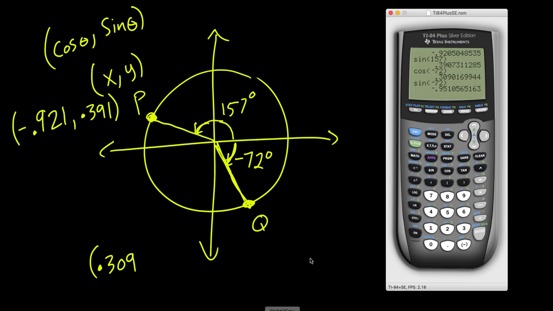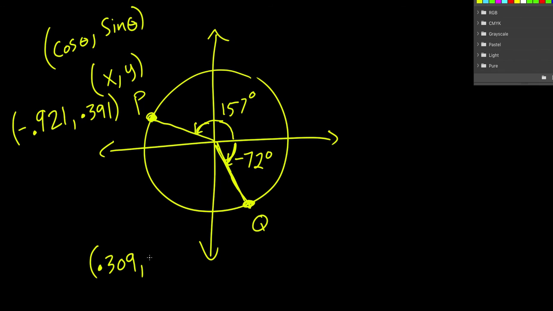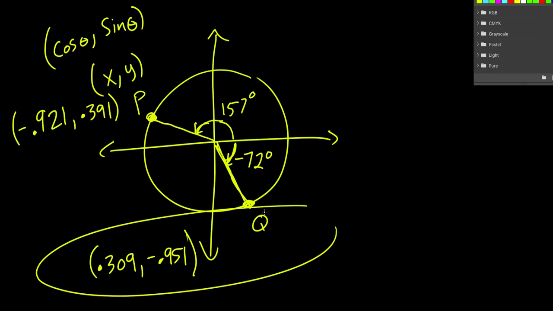And then the y value was negative 0.951. Okay, so that's the point for Q, and the point for P.